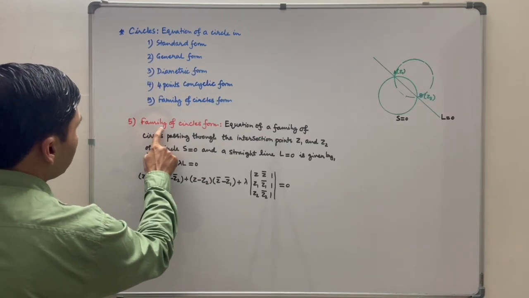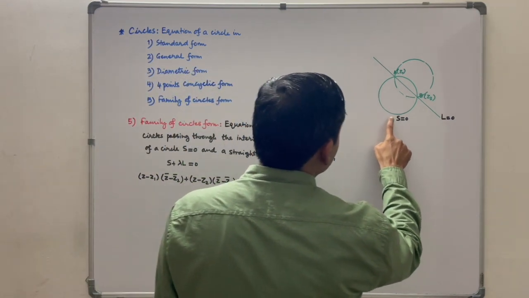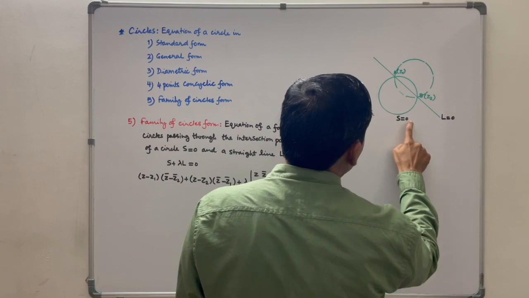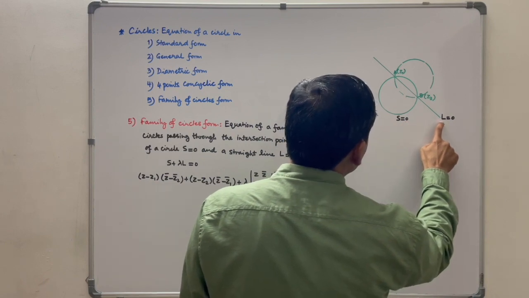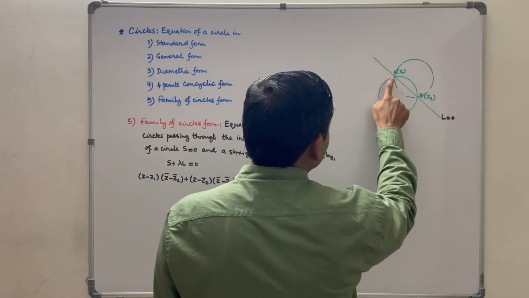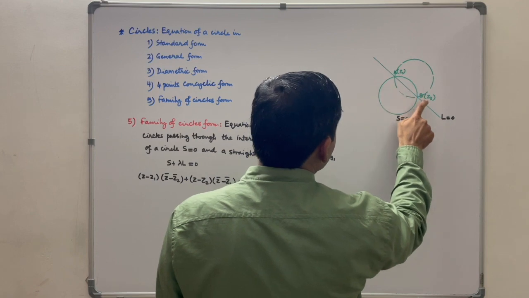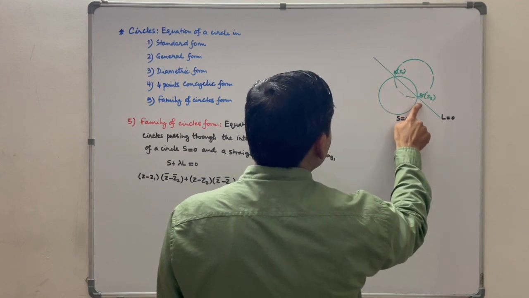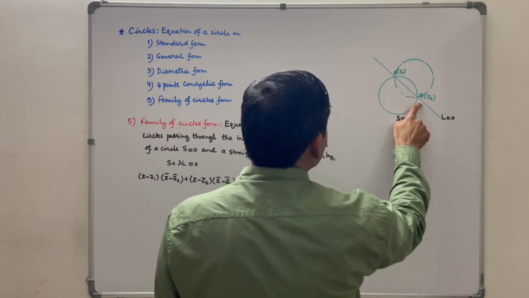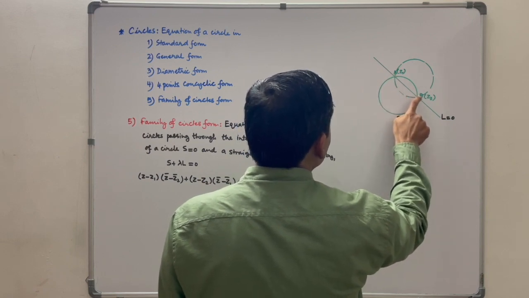Last one is the family of circles form. Suppose there is a circle given by the equation S is equal to 0 and there is a straight line given by the equation L is equal to 0. Their intersection points are A and B, given by complex numbers z1 and z2. Then there will be infinite circles which pass through points A and B, and they are called a family of circles.